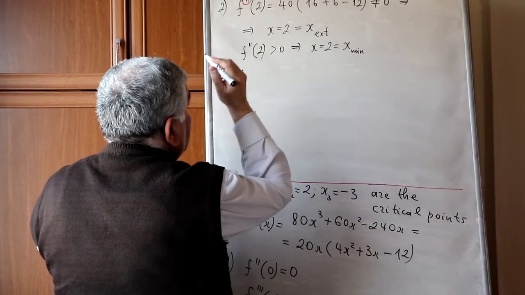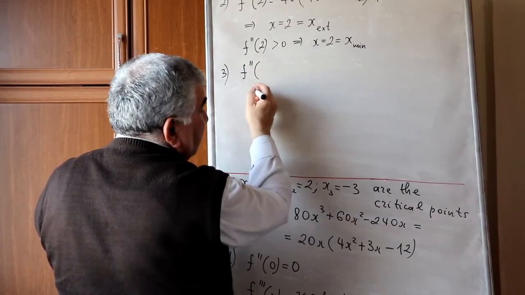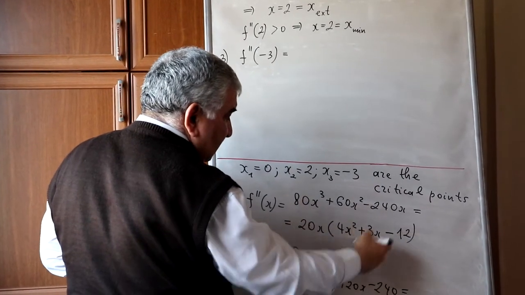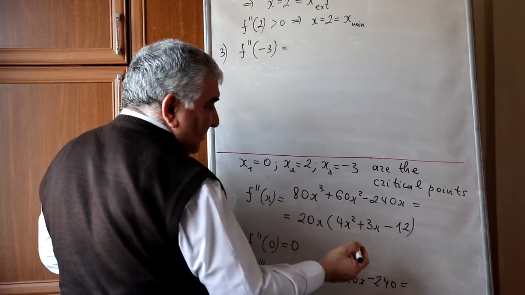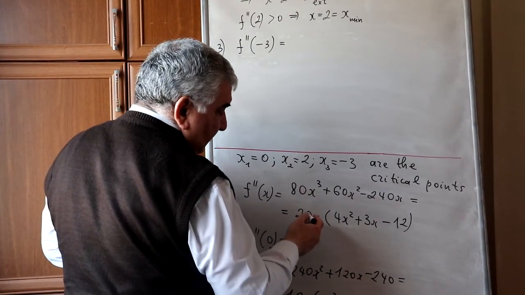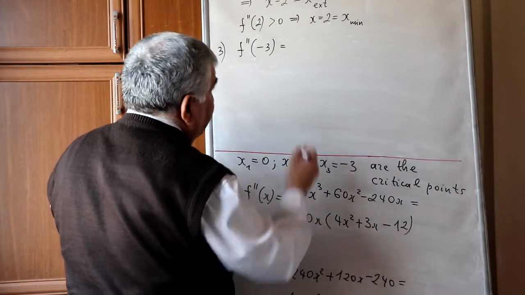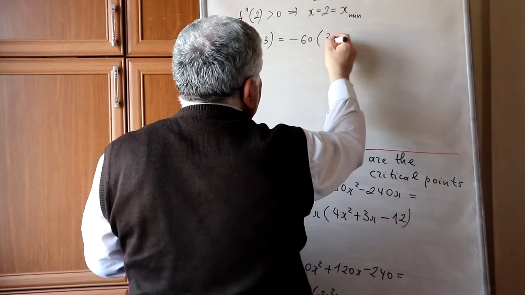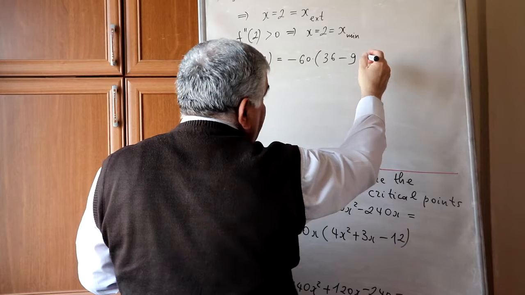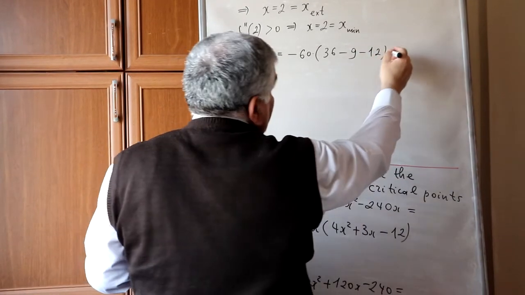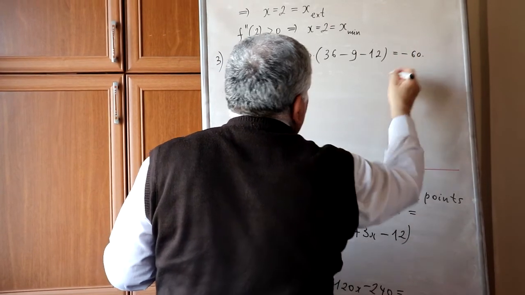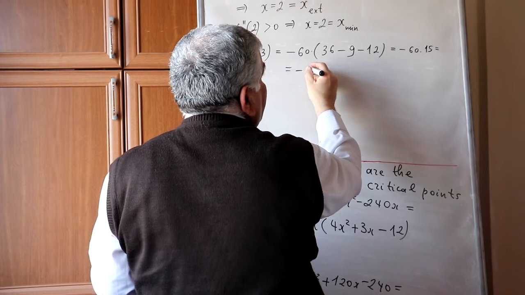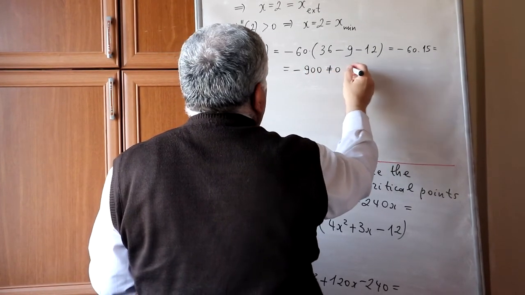That is, we must calculate f2 prime at minus 3. Then substitute minus 3 instead of x in this factorized expression. 20 multiplied by minus 3 is minus 60, multiplied by 9 multiplied by 4 is 36, minus 9, minus 12, equals minus 60 multiplied by 15 equals minus 900, isn't equal to 0. What does it mean?